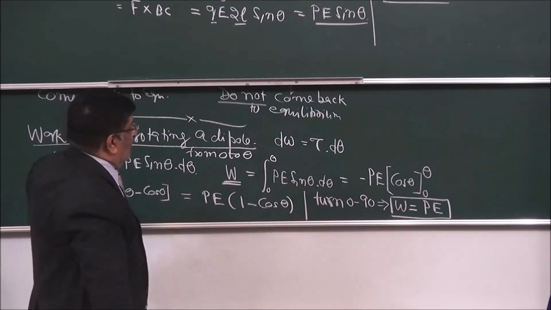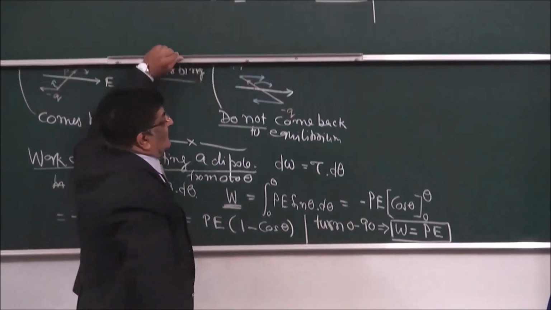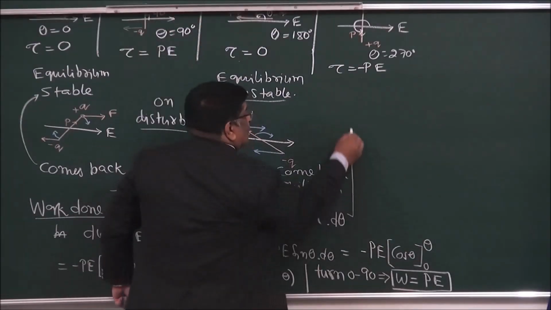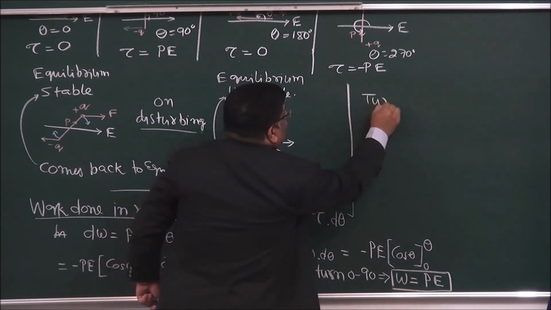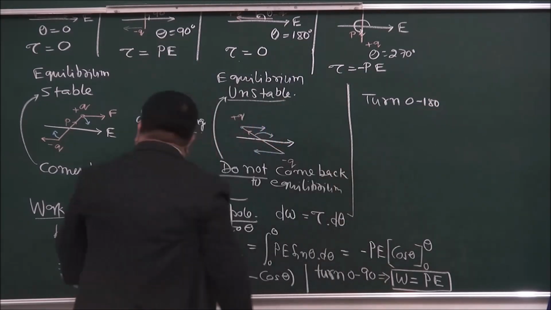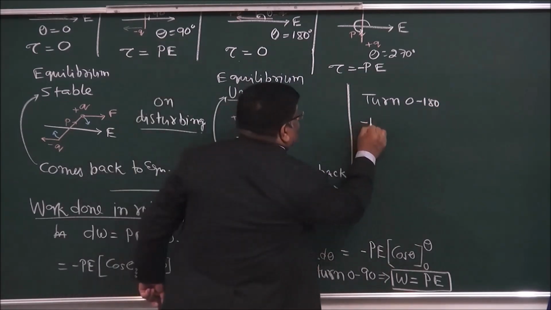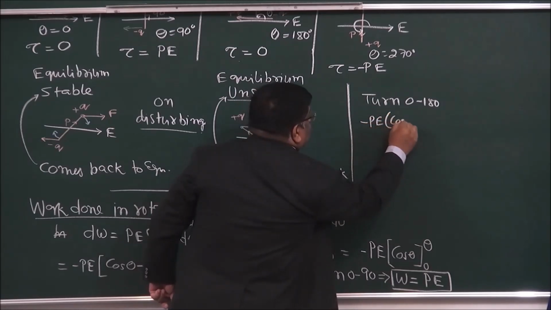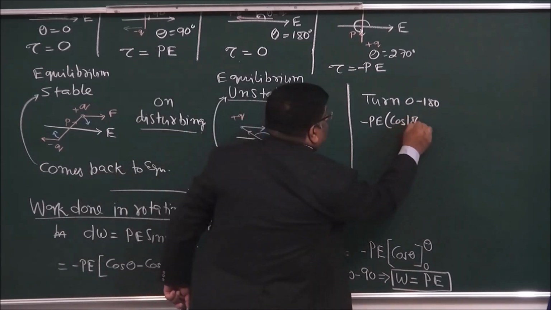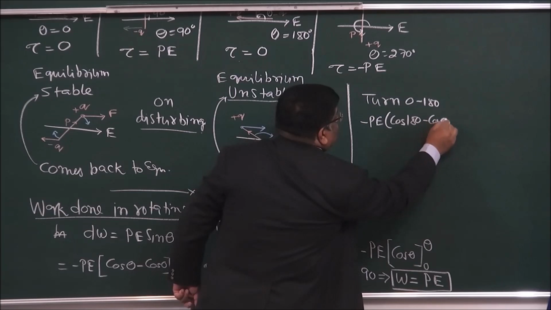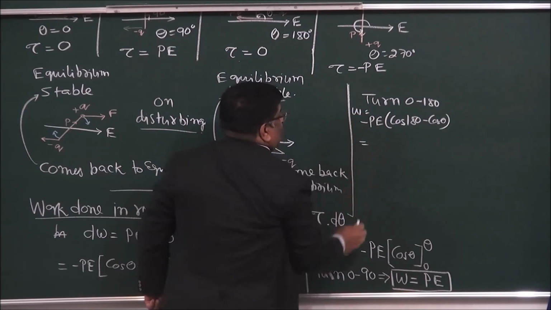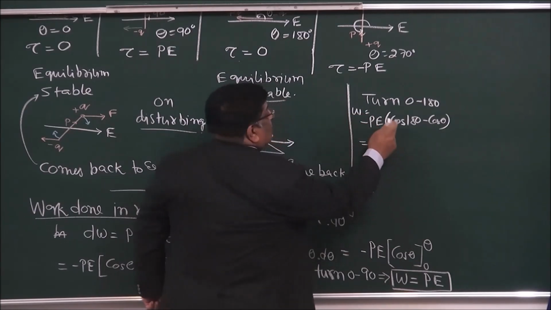But if we turn it from 0 to 180, then this will again be minus PE (cos 180 minus cos 0). Here work done is equal to minus PE (cos 180 minus cos 0).